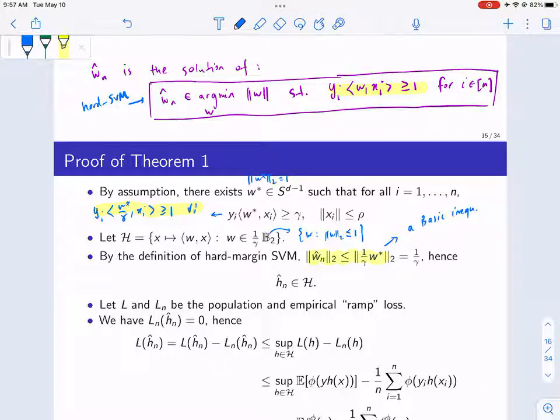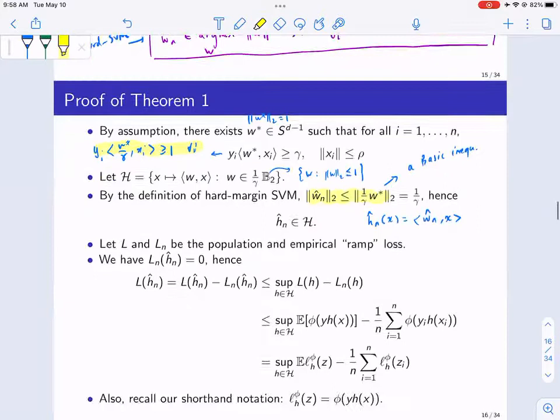And so by the definition of H, we have that h hat n is in H. Okay, so h hat n, if you recall, is just w hat n x. So it's a linear function for which the weight vector belongs to this ball. So we have that.